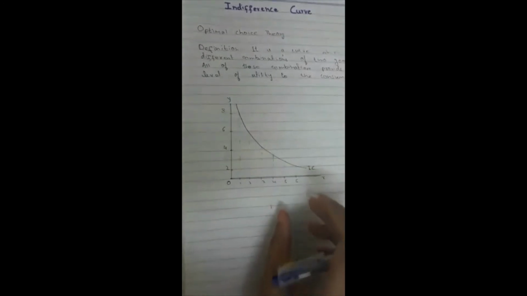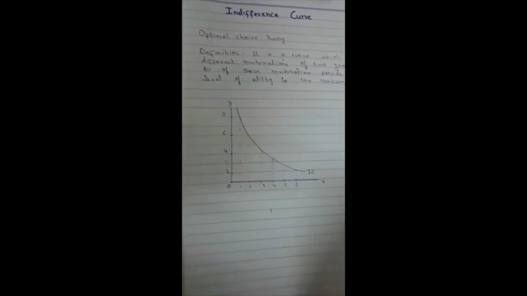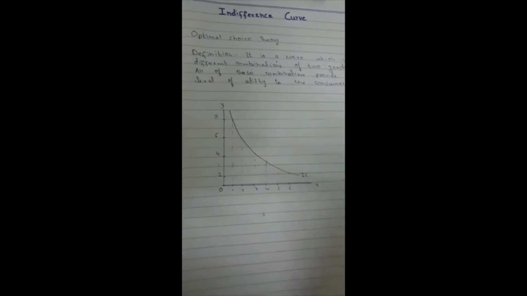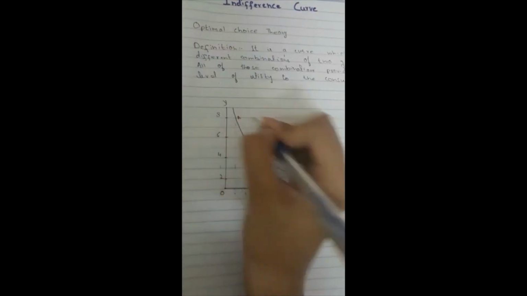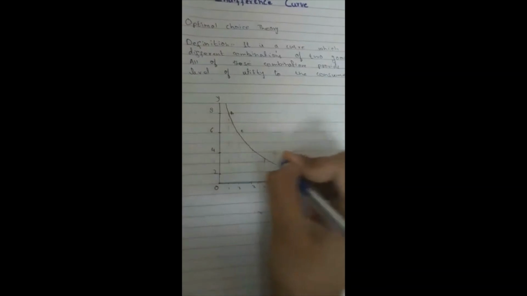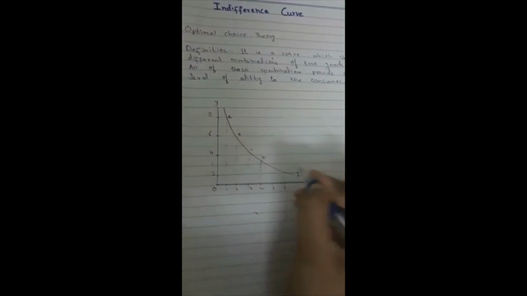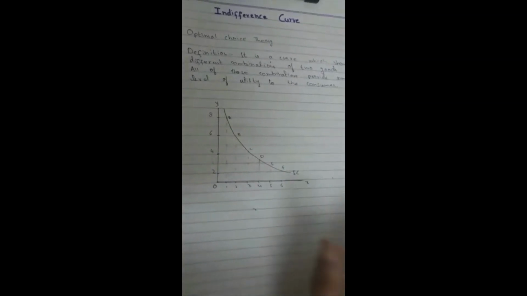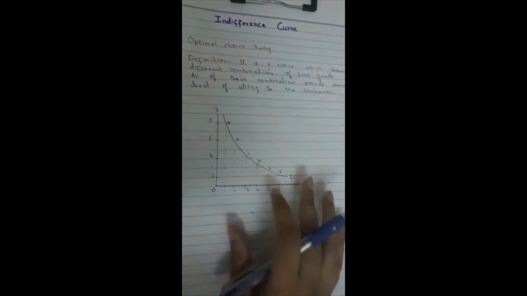See, it is convex to the origin, and all of the combinations on the indifference curve give the same level of satisfaction to the consumer. The combinations A, B, C, D, E, F all give the same level of satisfaction.